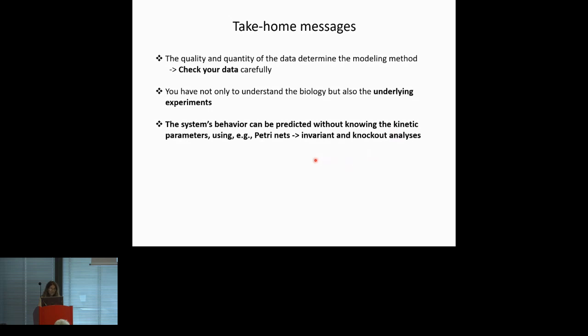But for Petri nets, the invariant analysis is very useful, knockout analysis, and Petri nets are semi-quantitative, so you could also simulate the Petri net. I did not show it here, and what is quite interesting in that context is the reachability analysis. It's still not possible to really get all possible states of a system.